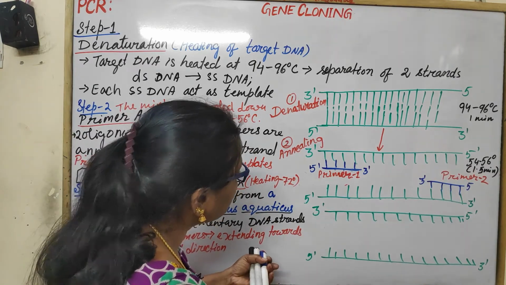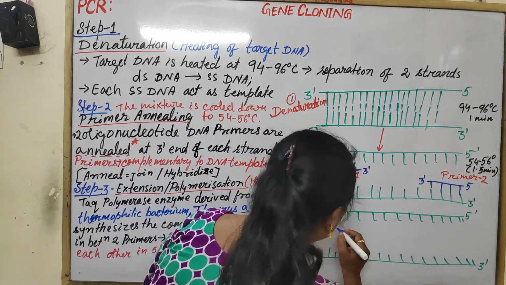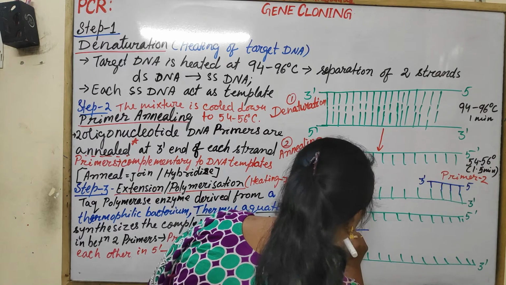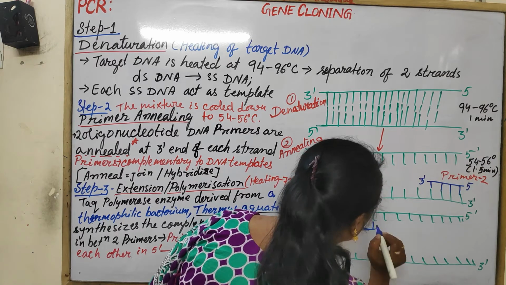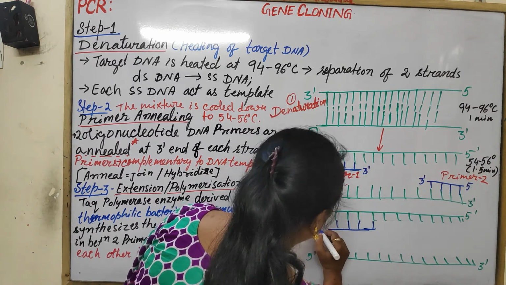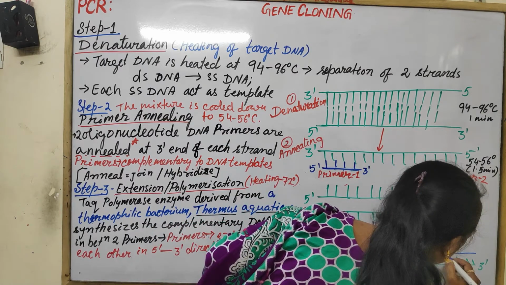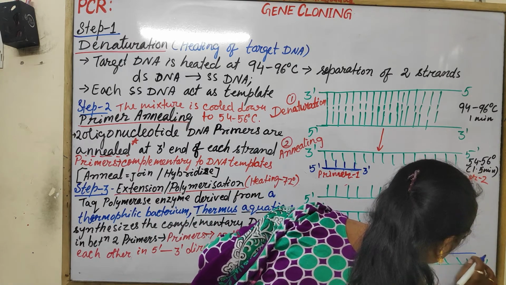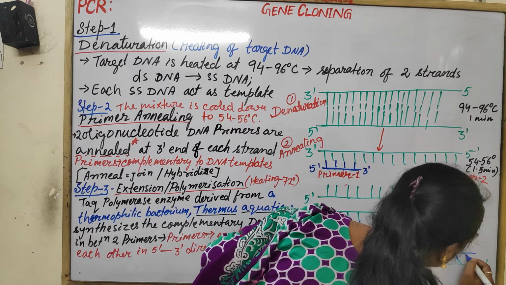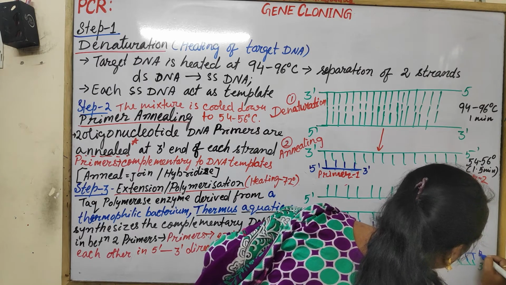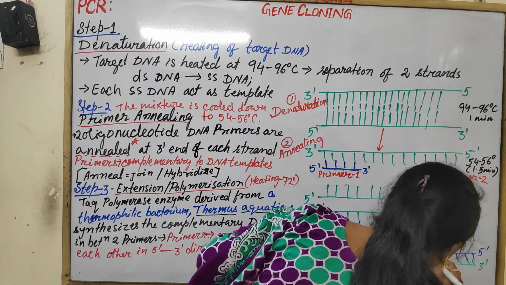Here what happens? The primers are extending, 5 prime to 3 prime.